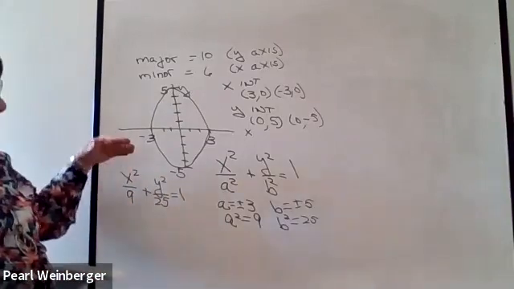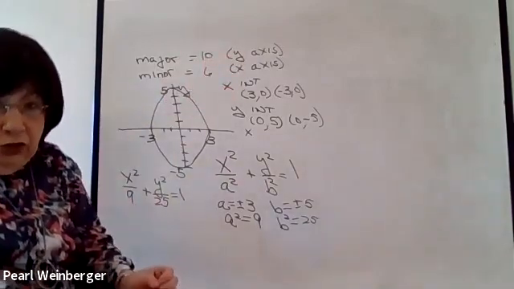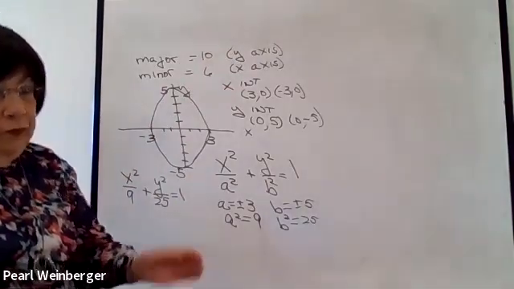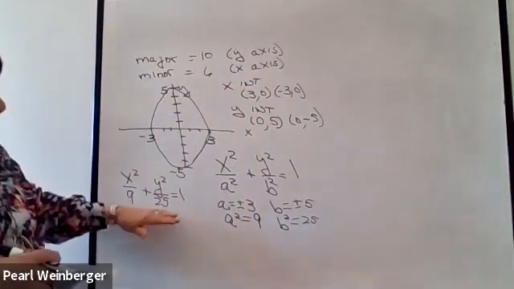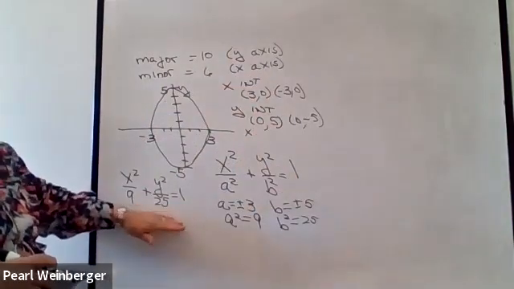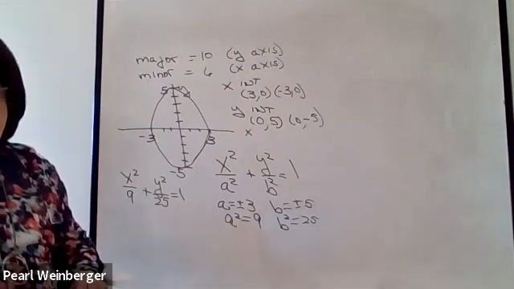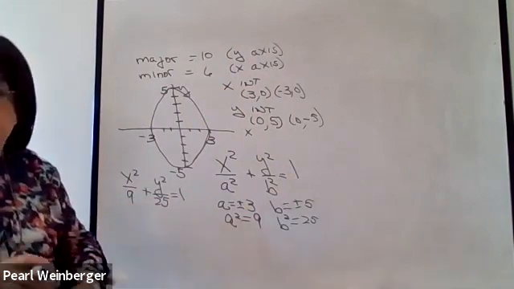Now, if they did not give you your equation, let's say this was a multiple choice question, and they gave you answers that were not in standard form, you would have to put your answers in standard form to compare it to the answer that you got. Be very careful that we're getting answers in standard form.